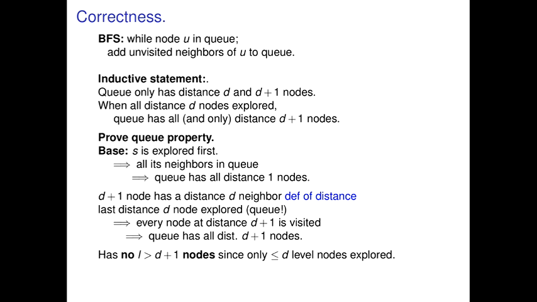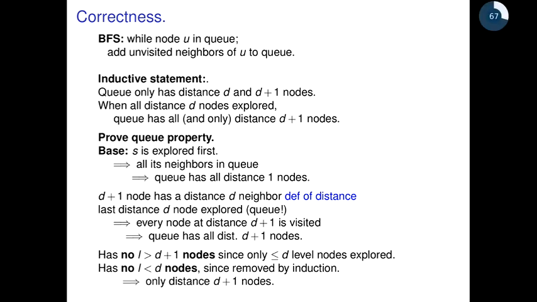So it has no nodes labeled larger than D plus 1 because you haven't processed any D plus 1 nodes. And moreover, it has none that are less than D because you've already removed them by induction. So once you process all the distance D nodes, there are only distance D plus 1 nodes in the queue.